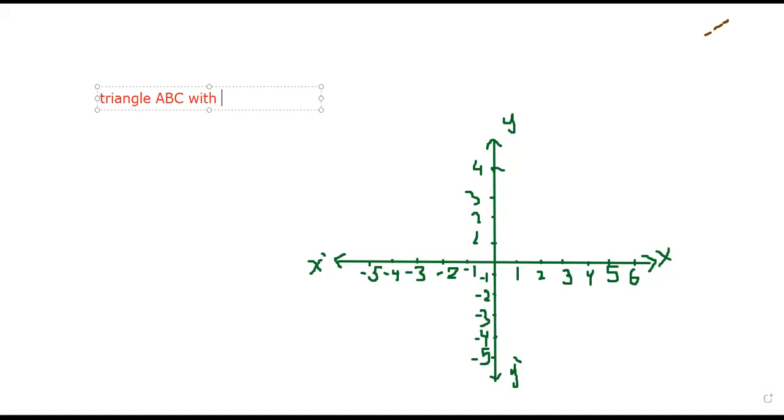So let me give you an example. Triangle ABC with vertices A, 3 and -4.